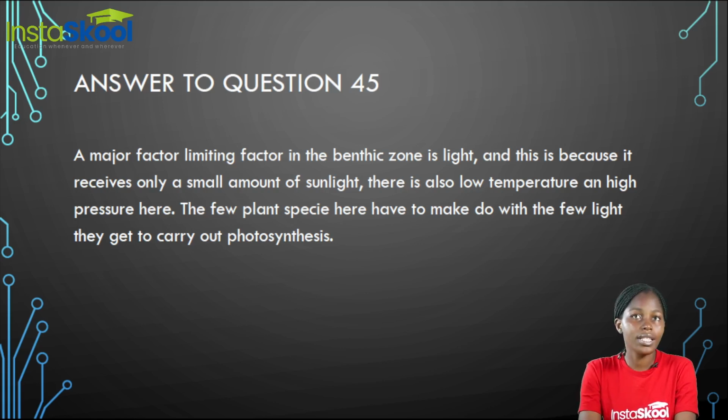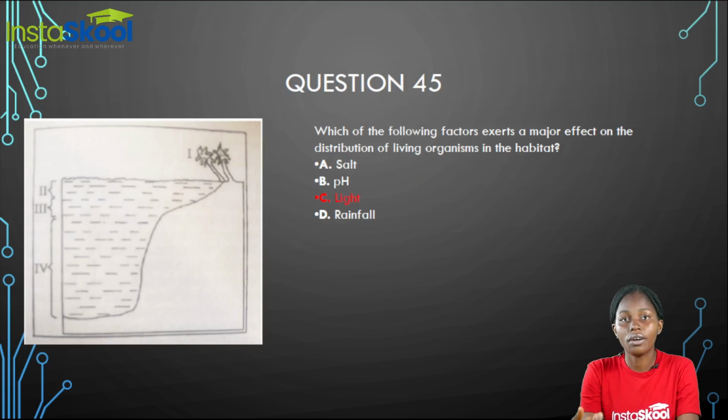So the few plant species that are found in the benthic zone have to make do with the very little sunlight that they can receive in order to carry out photosynthesis. So one of the major factors that affect organisms living in this zone is light.